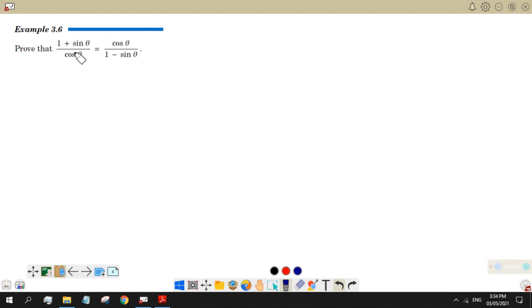Okay. So, tinignan ko kung paano siya. And my first solution is a bit complicated. So, tinignan ko kung paano siya pinasimple nung book. Okay.